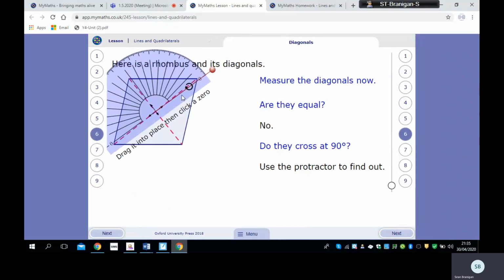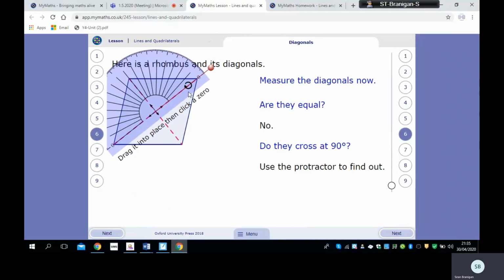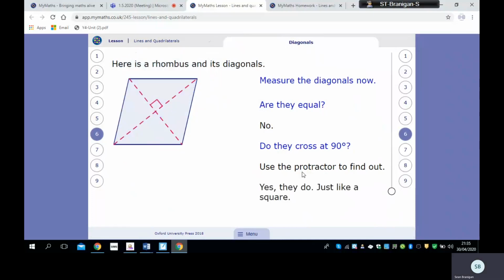So the lines are not equal, they're ever so slightly out, but they do create a right angle, because just like a square, the lines are all the same length.